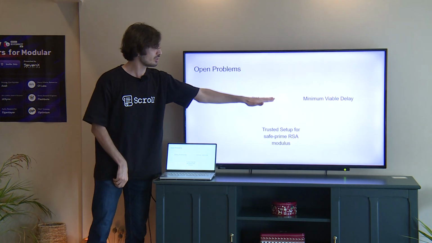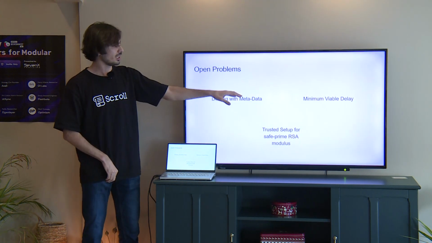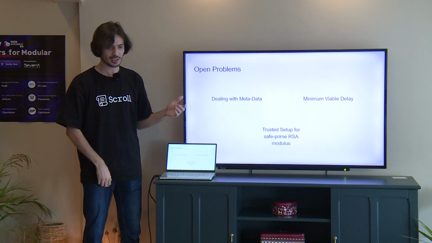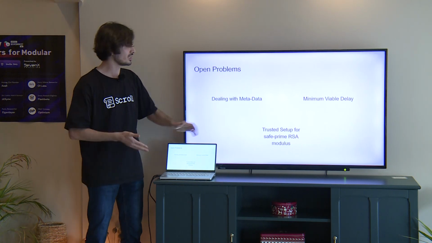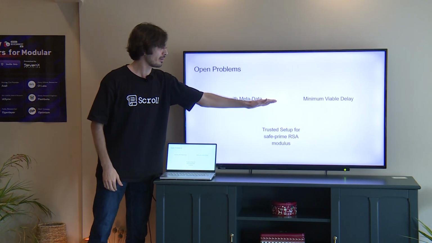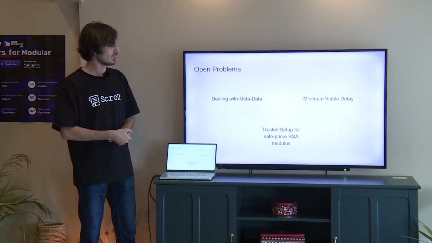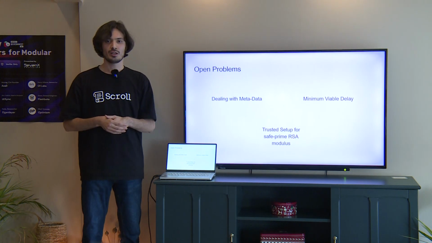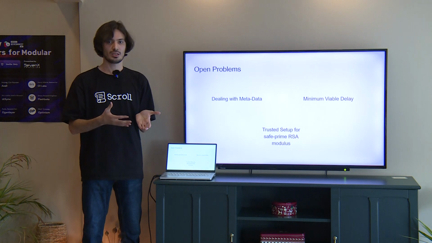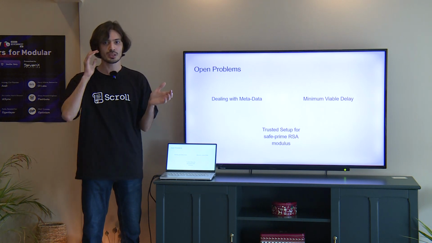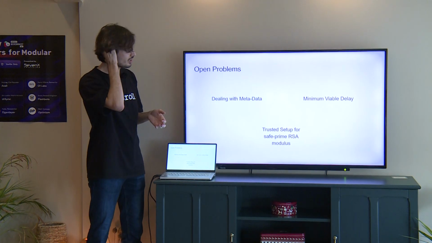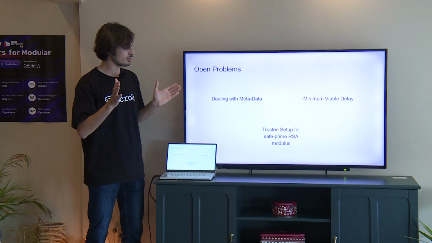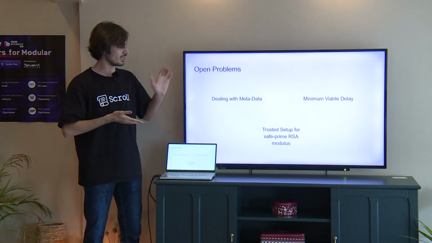The second is we don't really know what the minimum viable delay is. It depends exactly on the best time the hardware can open these puzzles, and the delay of the network distributing the puzzles and such. One thing that I hid under the rug is that when transactions get encrypted, the size of transactions blows up by quite a bit, like 6 to 10 times, because we have to have very big keys to get reasonable security in our scheme.